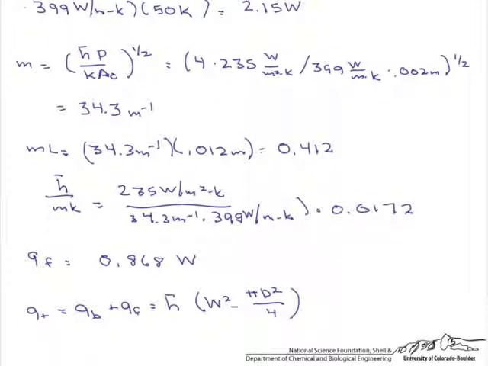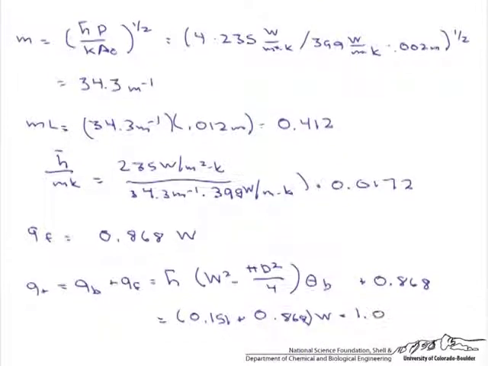If we had more than one fin, we would have to multiply that by the number of fins. That's times theta b, which is just T base minus T infinity, and we add to that our 0.868, and so that equals 0.151 plus 0.868, which is 1.019 watts. And notice how much of that heat rate comes from the fins rather than from the base.